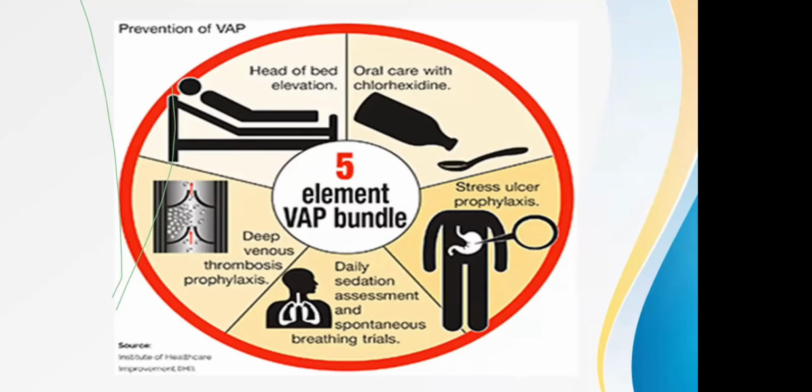Then deep venous thrombosis prophylaxis. A patient in the lying position might develop DVT, another condition along with VAP. Then head end of the bed elevation. Very commonly nurses keep doing this at the bedside, but this 5-element VAP bundle should be another checklist for a patient who is already endotracheal intubated.